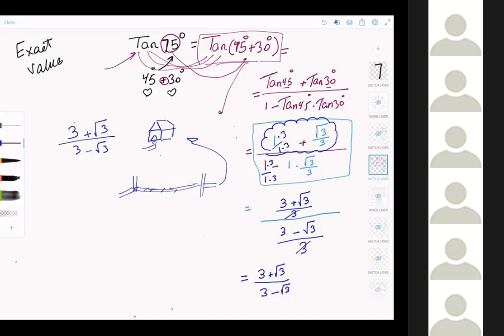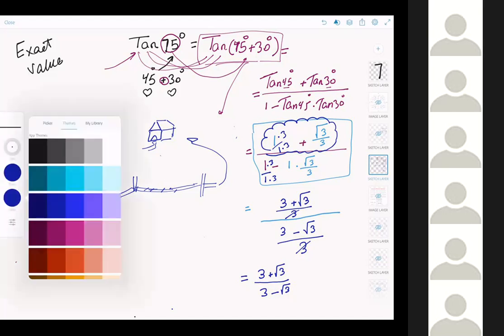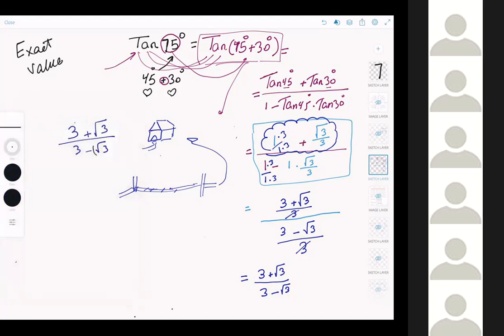No, we're not going to leave it like this. You learned that we cannot have a radical in the denominator. So we need to multiply by 3 plus root 3 over 3 plus root 3 to rationalize the radical.